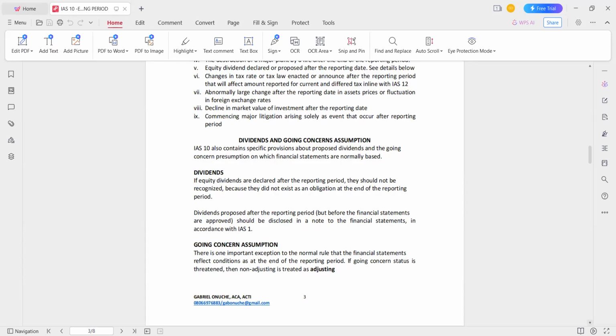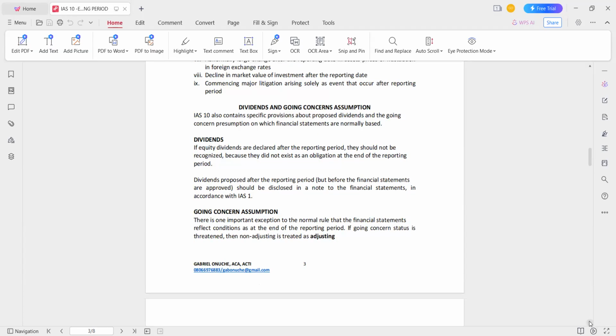Rather, the entity should disclose. Why should an entity disclose? The reason is not far-fetched: the obligation is not existing at the reporting date. So there is need to disclose in line with IAS 1. I think that is very clear.